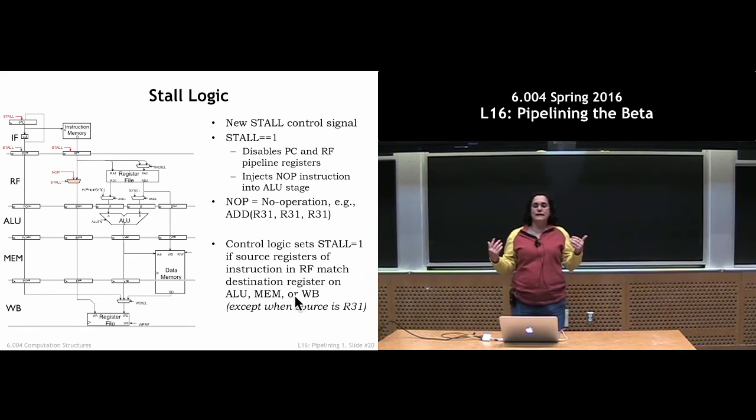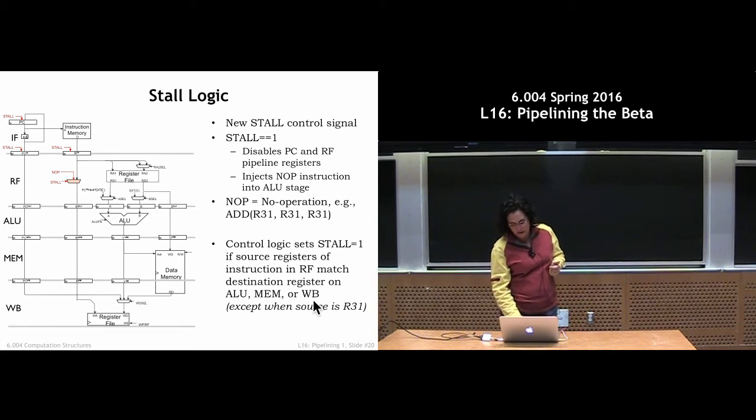Every cycle, we just keep checking this. As the other instructions progress down and out of our pipe, eventually we get to the state where this condition is no longer met. At that point, stall stops being 1, and we let our instruction, which was waiting for a particular piece of data, proceed through our pipeline.